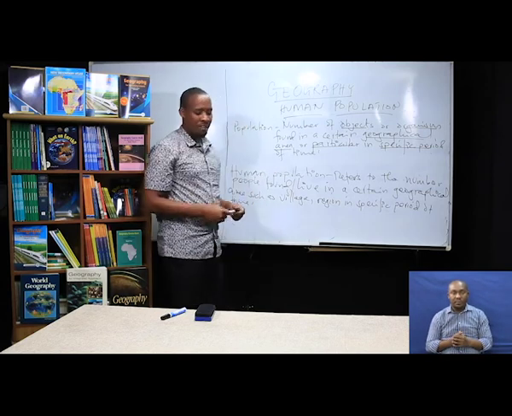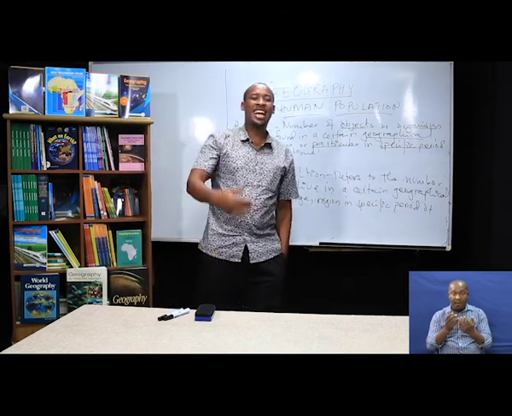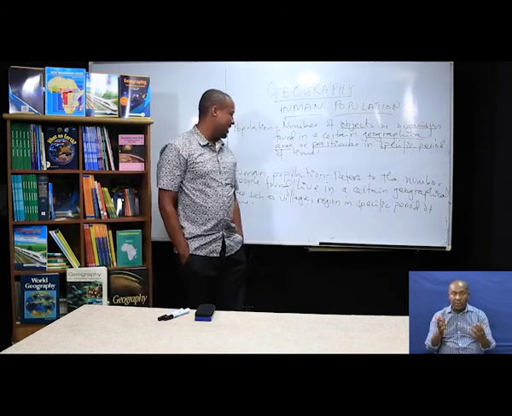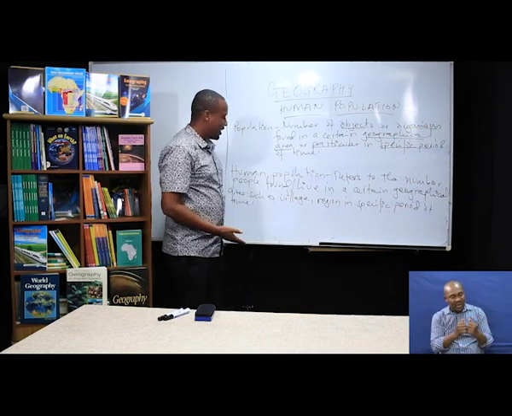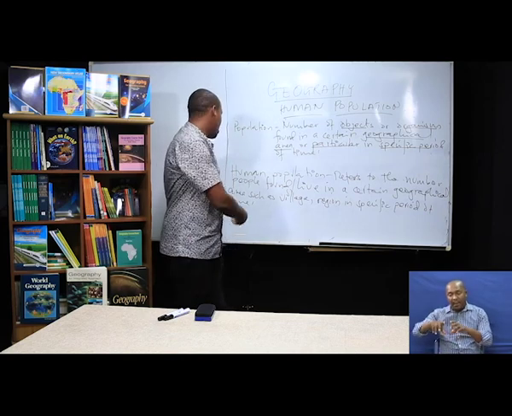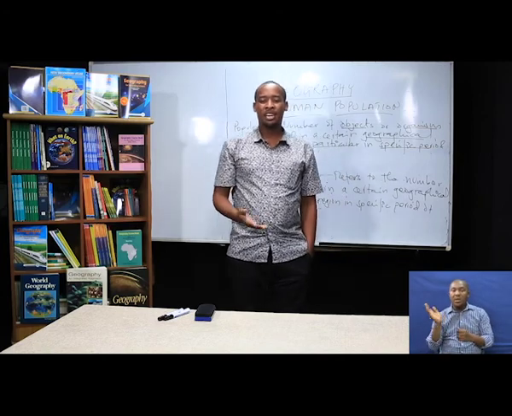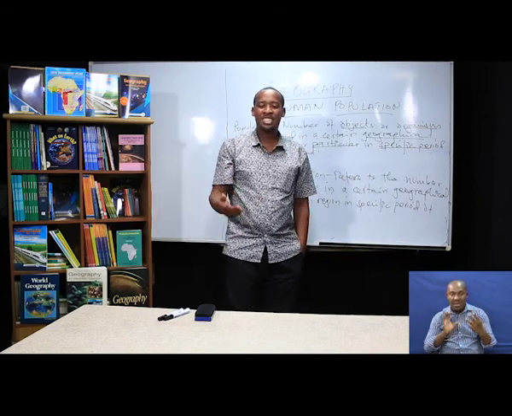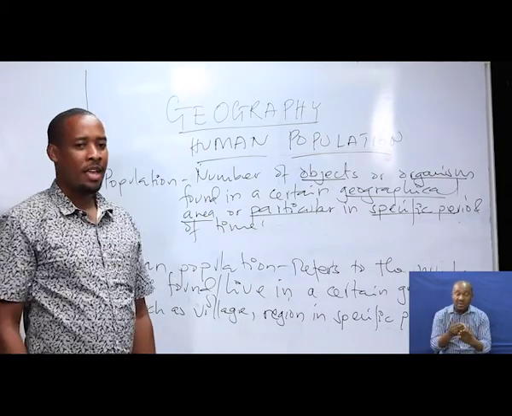So when we have a population of people who have stayed in an area, whether it is a village or a region, but in a specific period of time, such as 2 days, 3 days, 1 year, 2 years, and so on, they are regarded as a population.